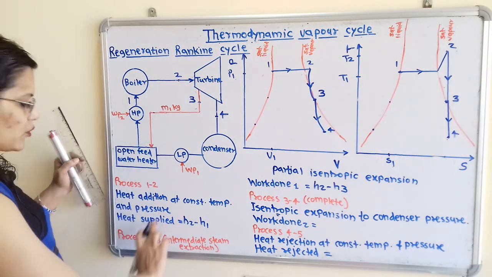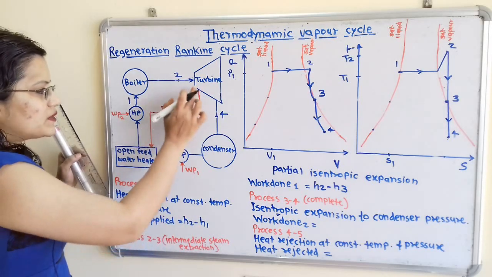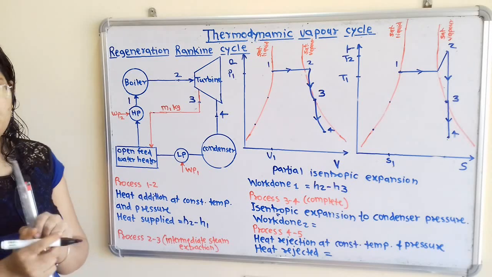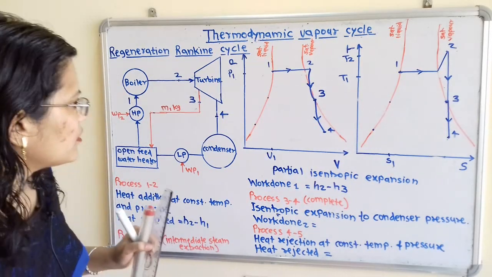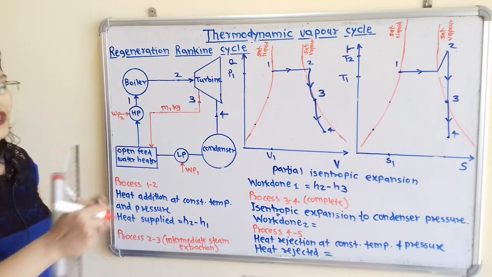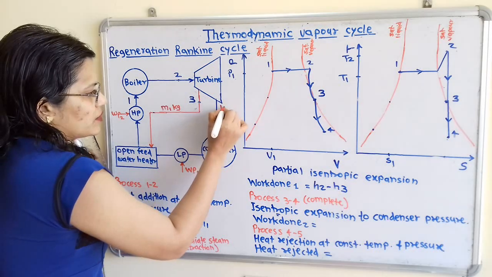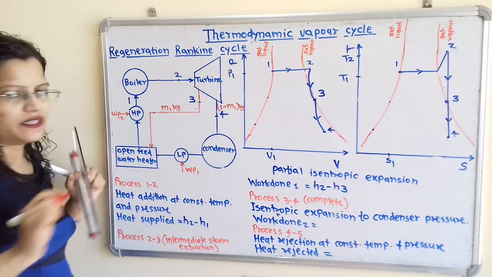Because during the process 2 to 3, m1 kilogram of steam is getting extracted. So what is the remaining weight of steam? So if we observe here at the point 4, there is 1 minus m1 kilogram. I will show here 1 minus m1 kilogram of steam is there.